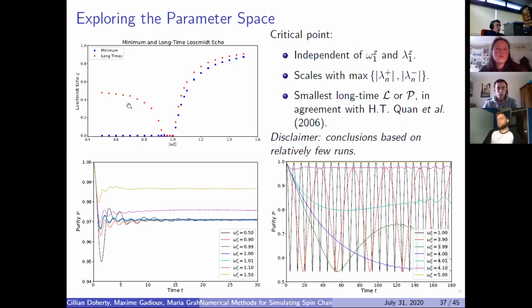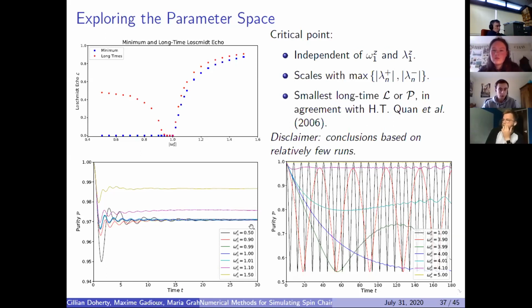So when we had done this, we changed the parameters a bit to see what would happen. We found that the location of the critical point is independent of omega 1z and lambda 1z. So if you look at the purity here, this is for lambda 1z equals 0.25i, so it's an imaginary number.